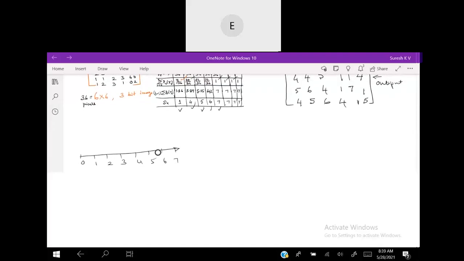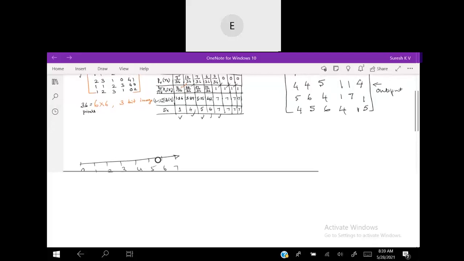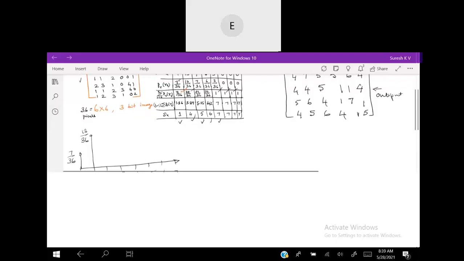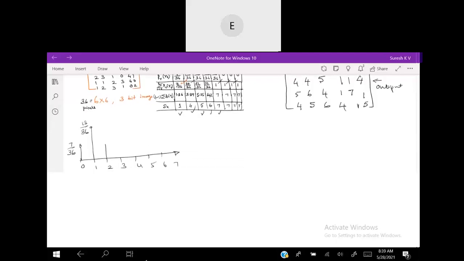I think on the table it is available. Probability of 0 is 7 by 36, correct? Then probability of 1 is 13 by 36, so it is taller. Probability of 2 is also 7 by 36.